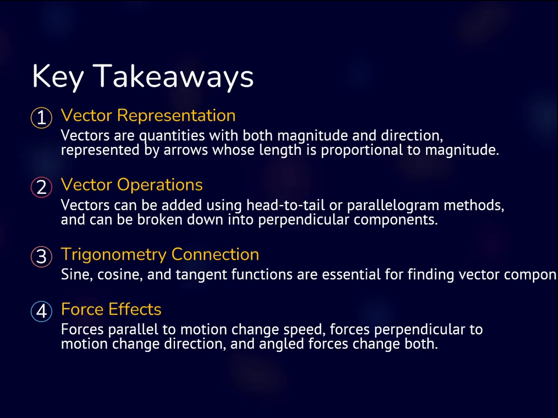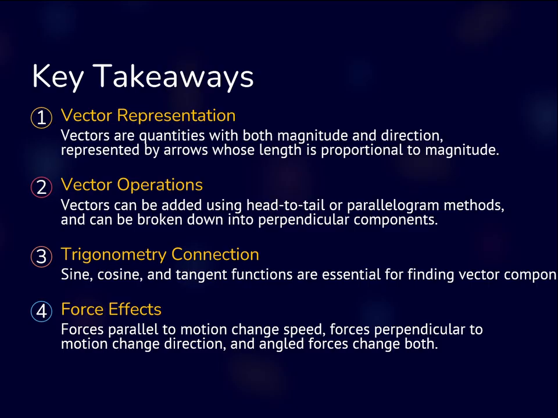Let's wrap it up. Here's what you need to remember. Vectors have magnitude and direction. We draw them as arrows. You can add or subtract vectors using the head-to-tail or parallelogram methods. Trigonometry helps you break vectors into components using sine and cosine.